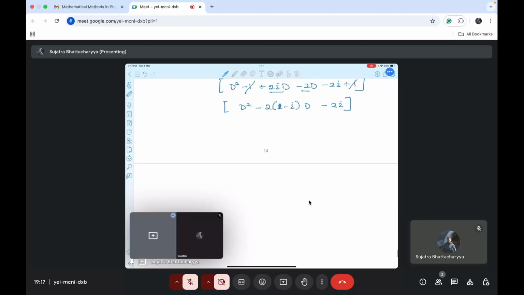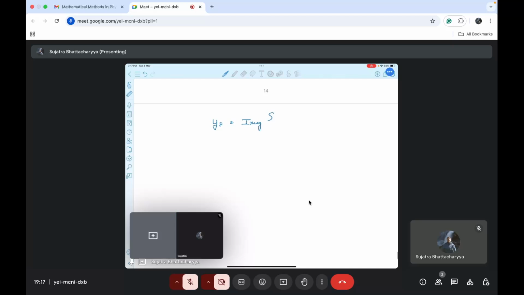All right. Therefore, how to find out the particular solution is simple. Y of p will be equal to the imaginary component of e to the power iota x, 1 upon f of D plus iota a. Which we have already found out: D square minus 2 times (1 minus iota) D minus 2 iota, correct? This times x, because x to the power n was there, so it is now here x.